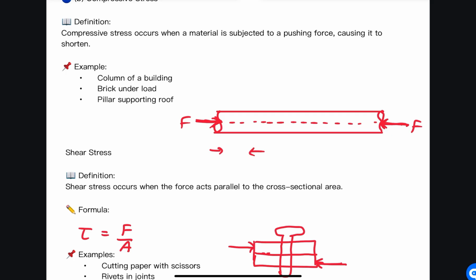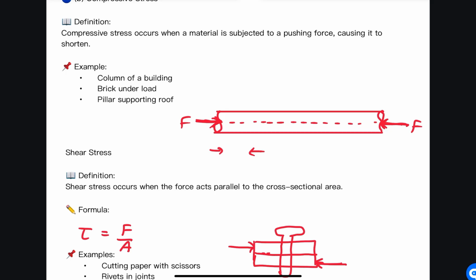We are pushing the thing to compress it. What does compress mean? For example, if there is a sponge ball in our hand and we apply force from the other direction, the size of the sponge ball will decrease. It's compressed.